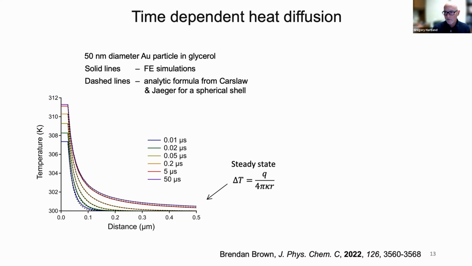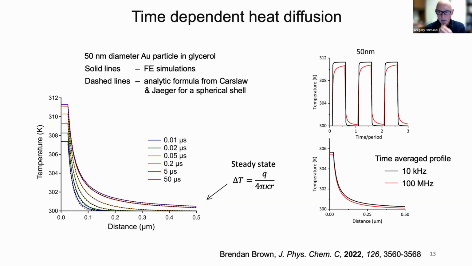And so there isn't really much of a reason to expect a difference in the way the images look when you do things at different modulation frequencies, because you'd rapidly reach steady state. Basically for small particles, steady state comes very quickly, so you just don't see much effect in the photothermal images. These are some other simulations that try to back that up.